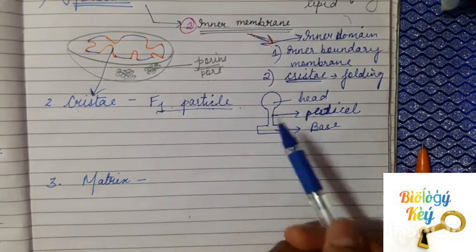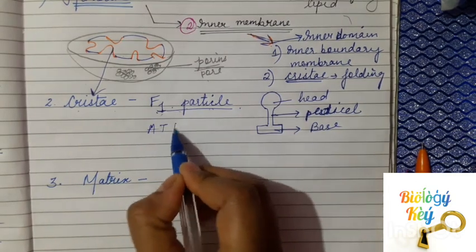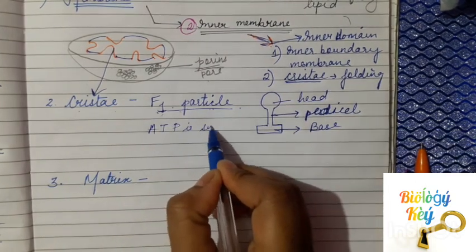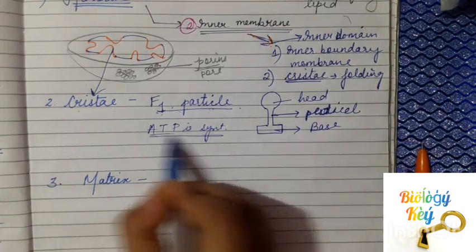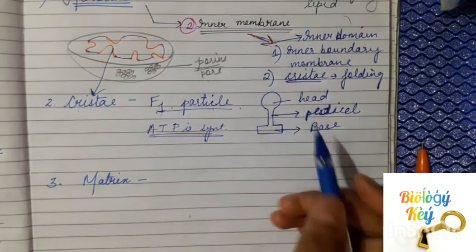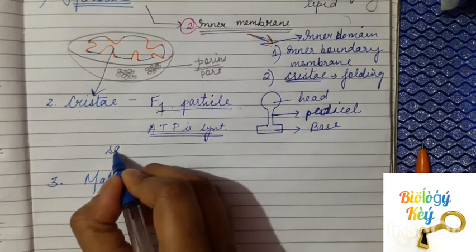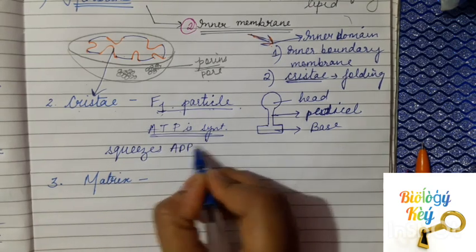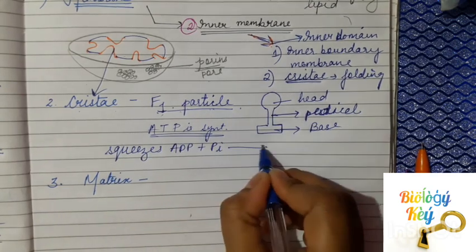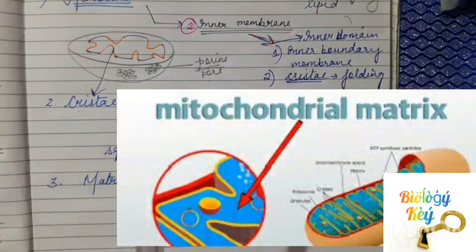The main role is that this is the place where ATP is synthesized. This is the only place. Now how is this ATP synthesized? What happens is that this F1 particle squeezes ADP plus Pi and gives out ATP. This is all about the crista.